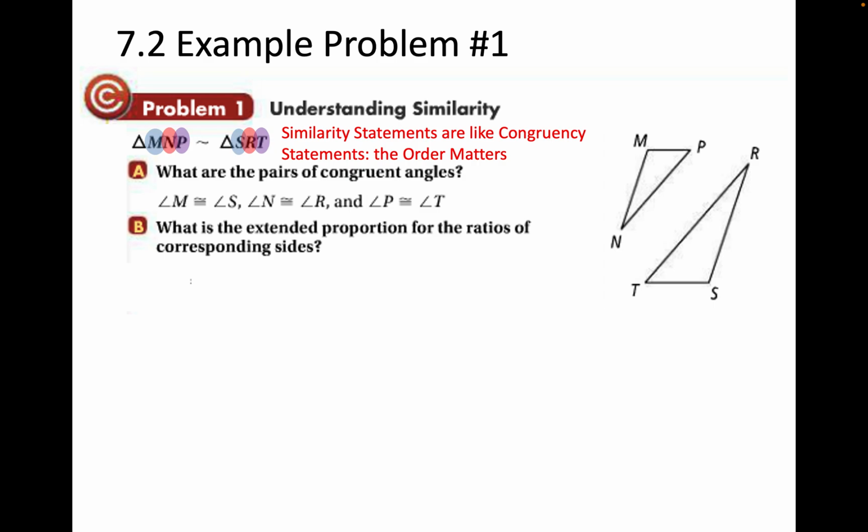The second question it's asking is, what is the extended proportion of the ratios for the corresponding sides. So once again, let's put on some sides here.